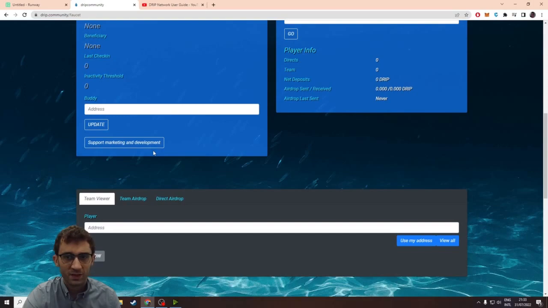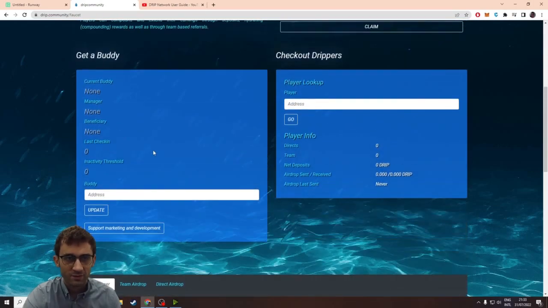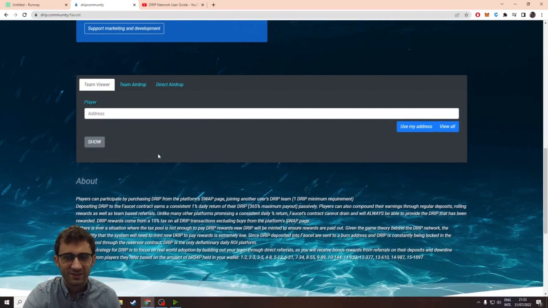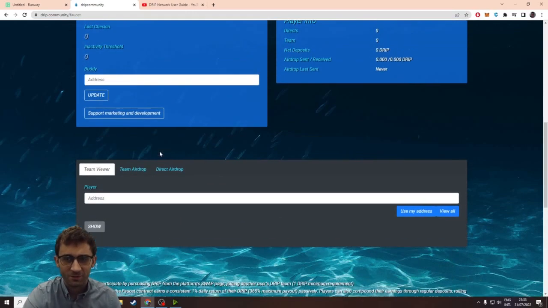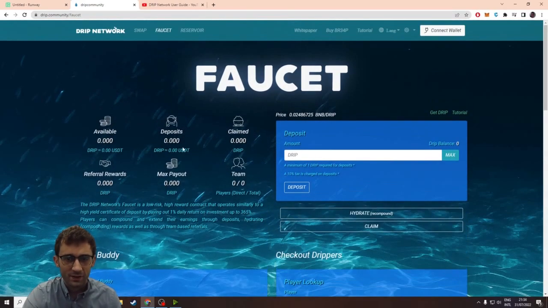So it's like the more buddies you have, the more money you make. This is the exact system. Okay, so then you also have a 10% tax on deposit, and 10% when you withdraw.